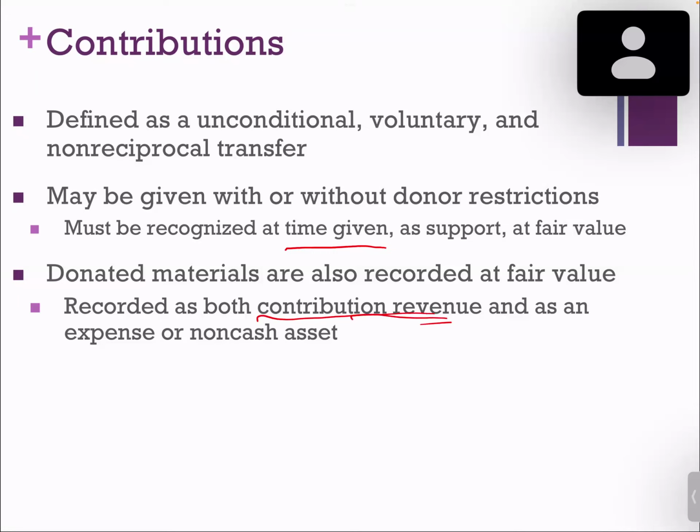So the contribution revenue is the credit and the debit would be an expense, right? As they use up those bandages, okay? Or, you know, if it's a fixed asset or something like that, then you debit that asset.